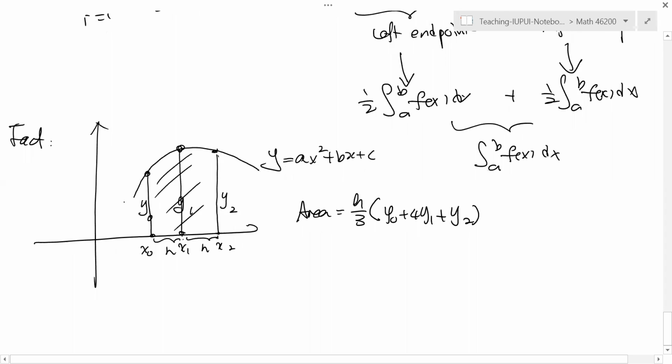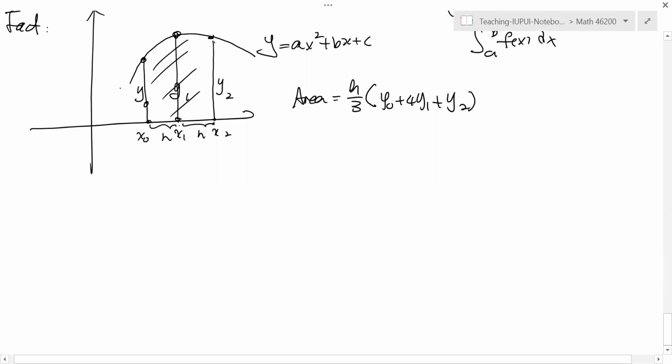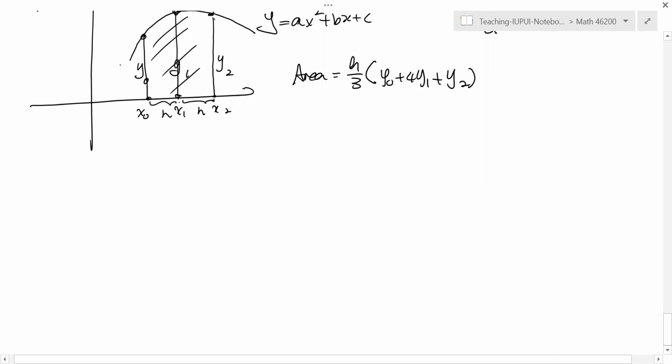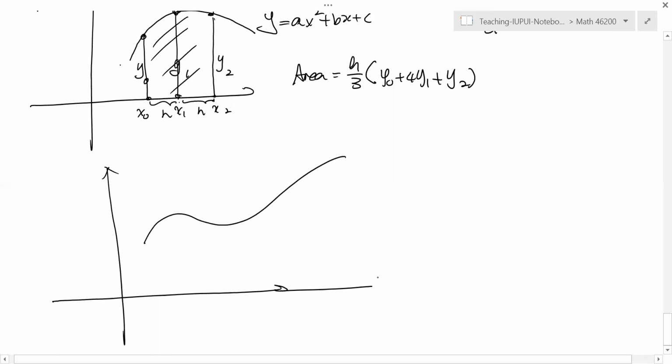Now I'm going to use that to find another good expression for the integral. This is a, this is b.